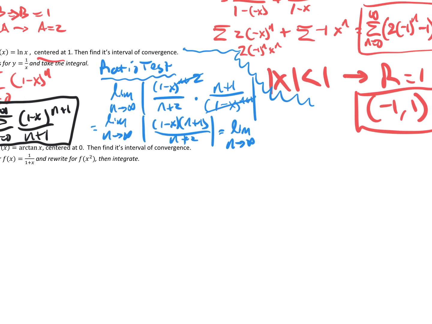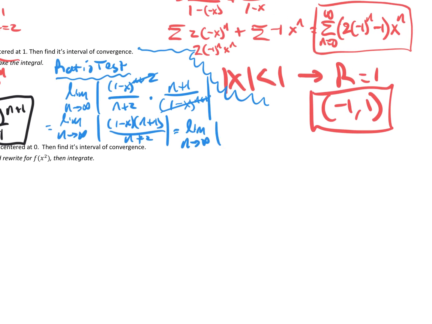The limit as n goes to infinity of the absolute value, I'm going to distribute the 1 minus x. So we have 1 minus x times n plus 1 minus x times 1 all over n plus 2. Well, these constants at infinity are going to go away. And n over n, so n is the variable that's changing here and going to infinity. So we're just left with 1 minus x.